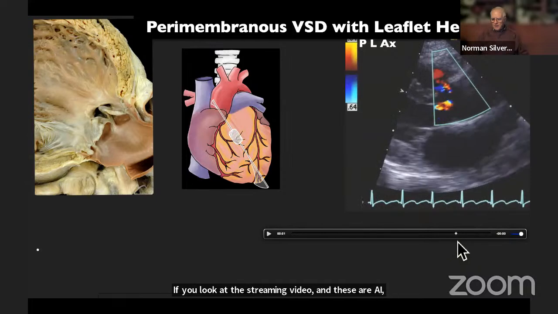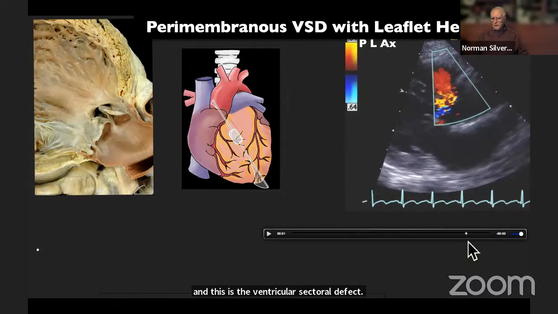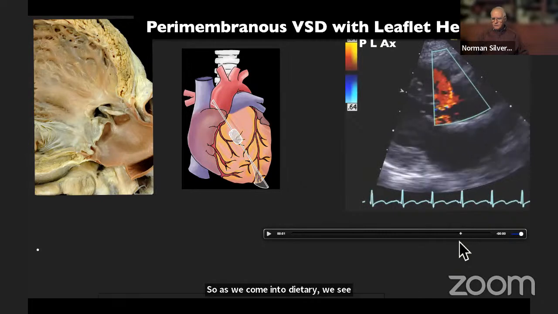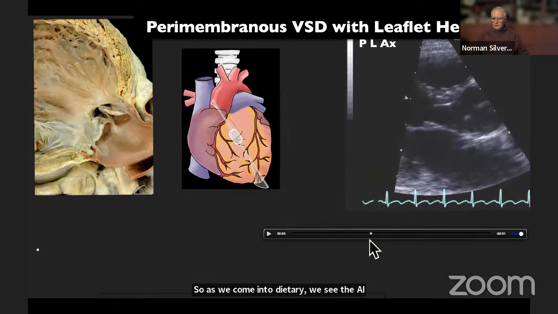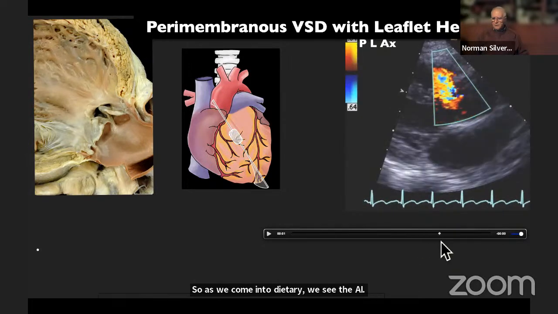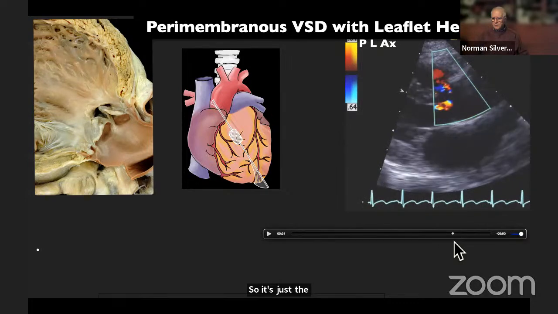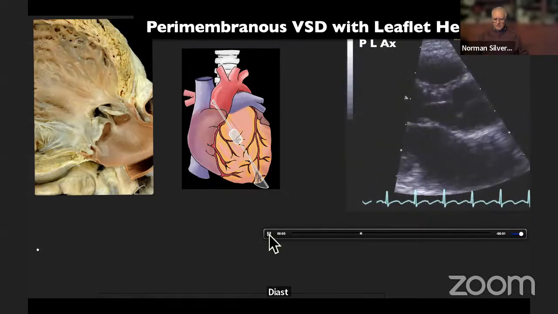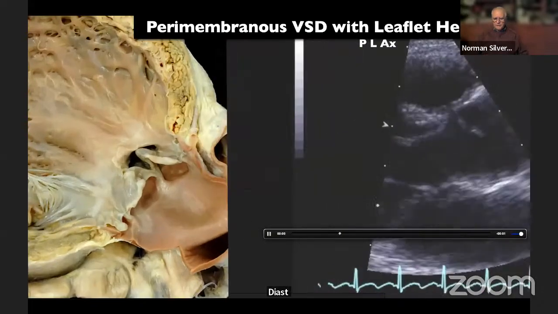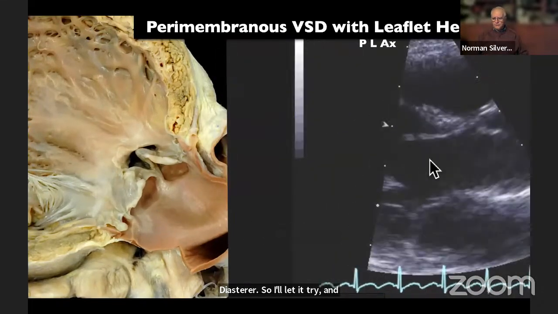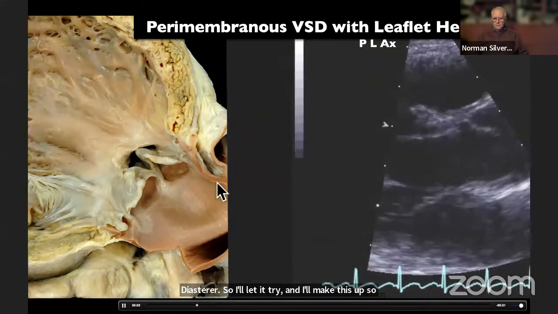So as we come into diastole, we see the AI. So systole and diastole, there's the AI. So I'll let it play, and I'll magnify this so that the two comparisons are there for you to see.